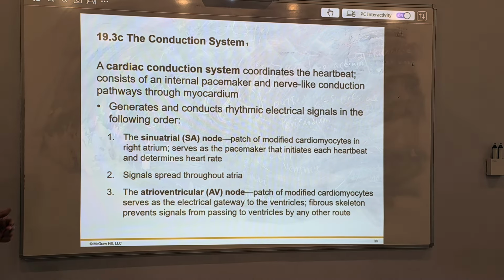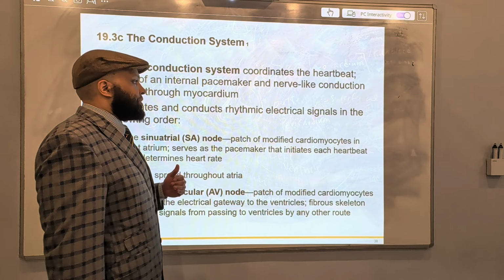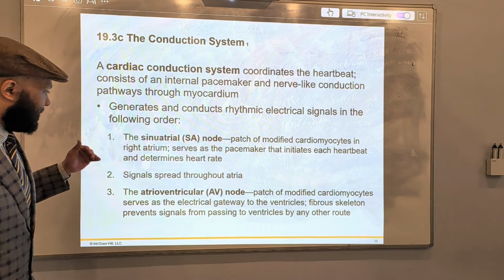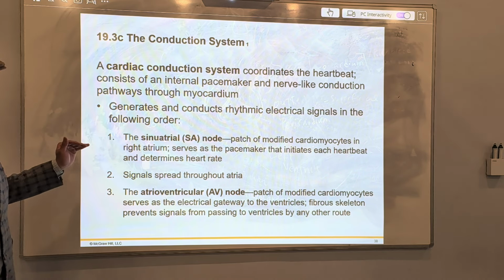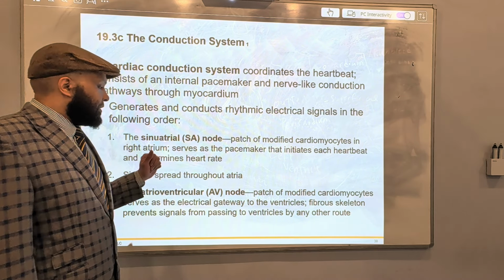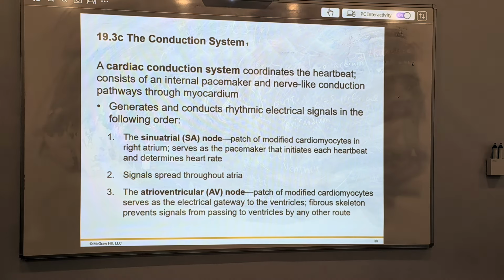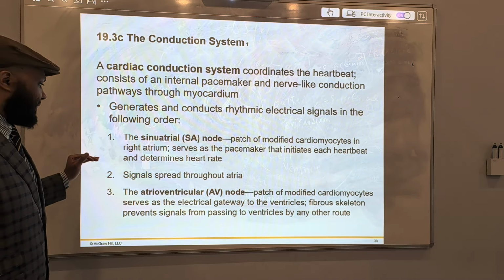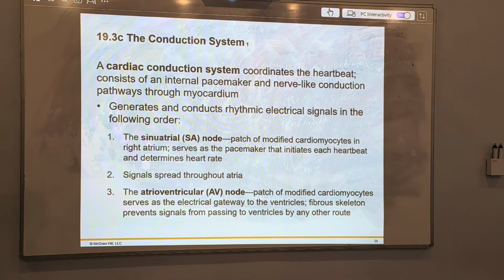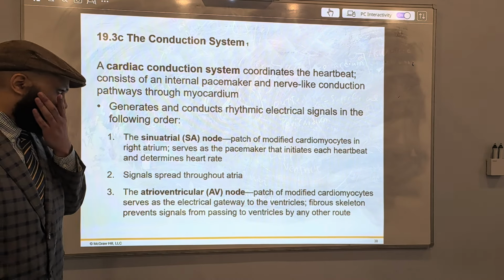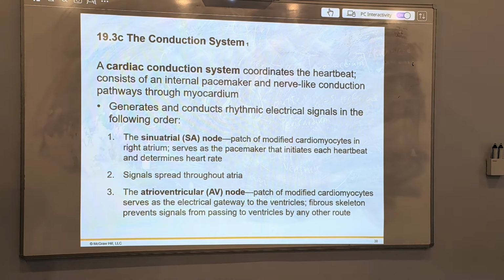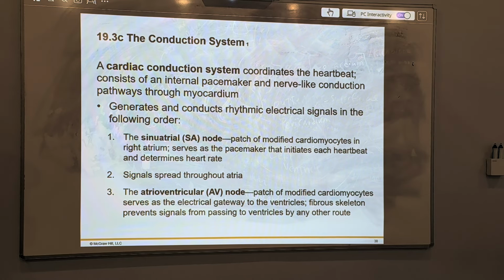It generates and conducts rhythmic electrical signals in the following order. You have the sinoatrial node. It is a patch of modified cardiomyocytes in the right atrium. It serves as the pacemaker that initiates each heartbeat and determines the heart rate.